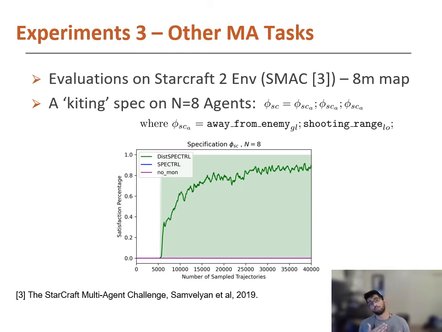And then they move towards the enemy within shooting range to take a shot. But they don't need to do this in a synchronized way, so this is a local predicate. And with this, the distributed Spectral is stronger than the centralized case because of the number of agents and the mixing of these local and global predicates.